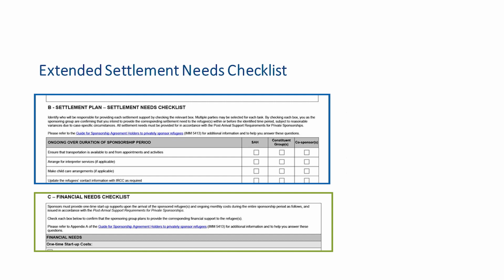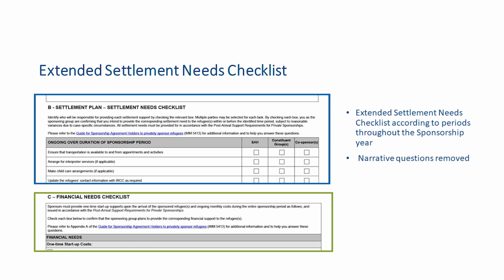What's noteworthy, however, is the significant expansion of the settlement needs checklist within the IMM 5440 form. Now it includes a more detailed breakdown of tasks organized by timeline, streamlining the information that you need to provide. As part of this enhancement, narrative questions have been removed.